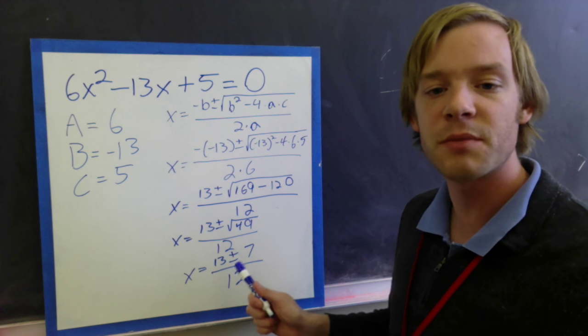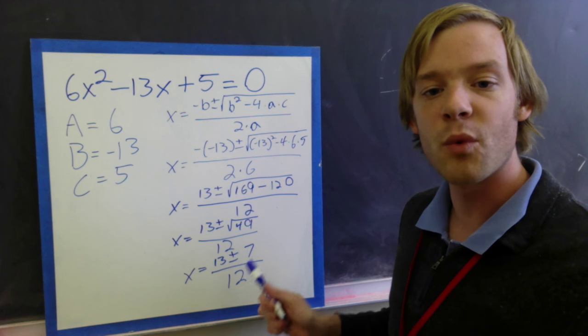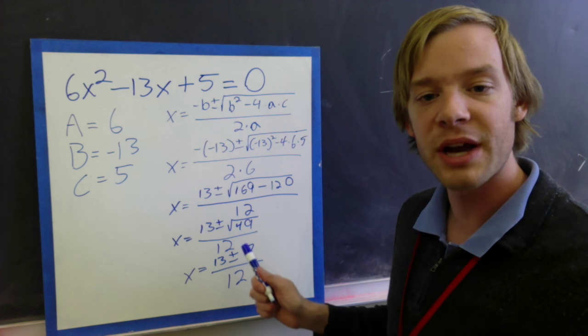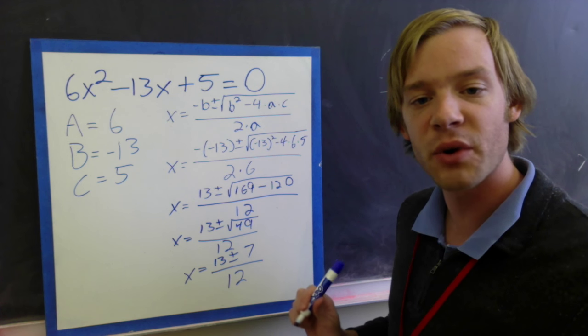And this is the part where the plus minus is going to come in. We're going to have one where we're working out with the plus, and we're going to have one where we're working out with the minus.